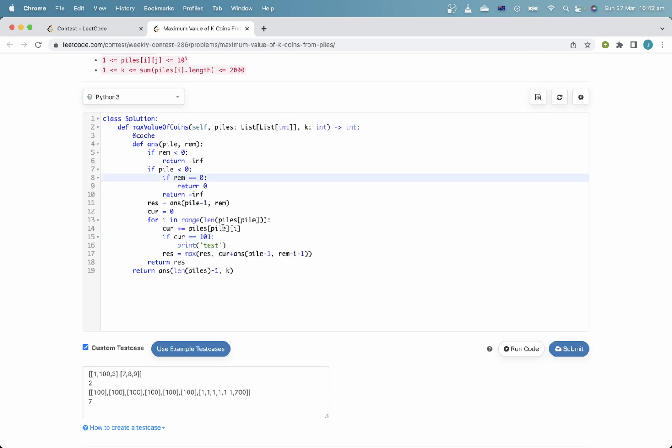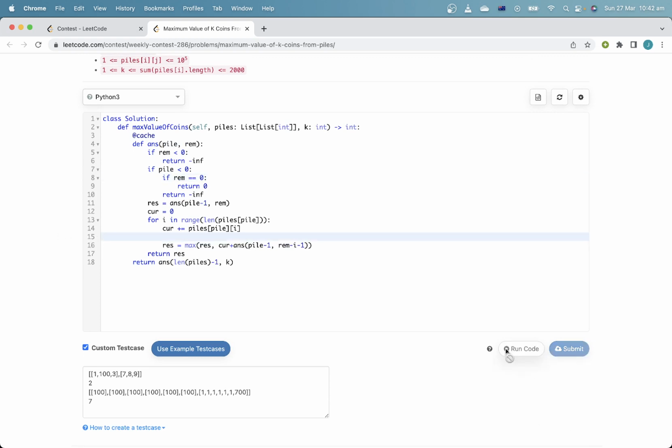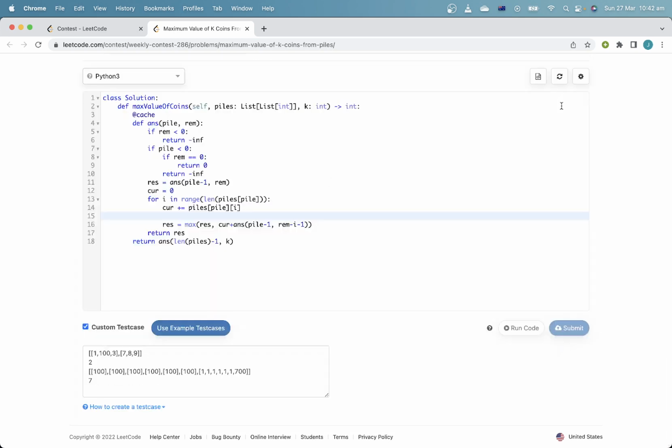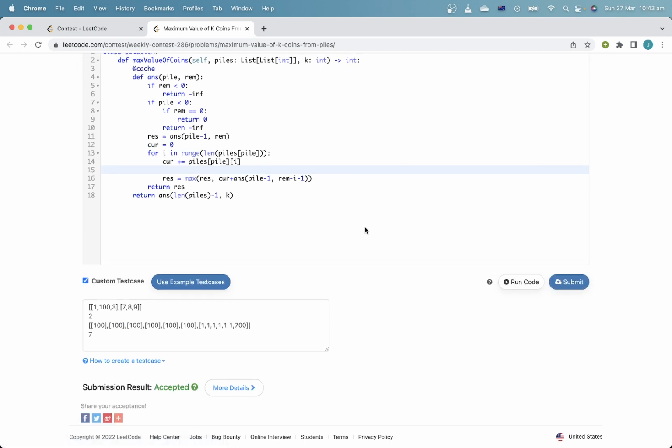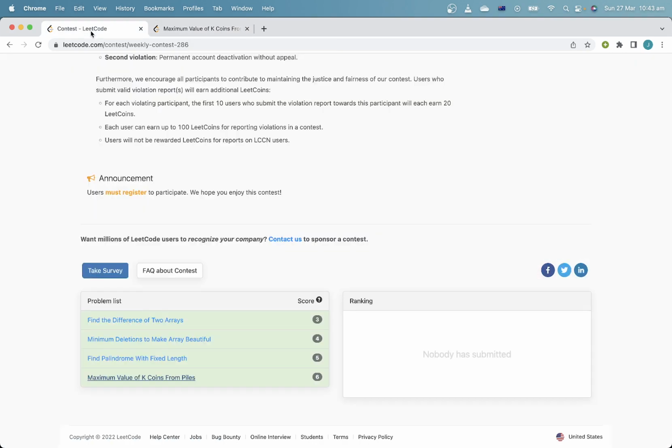Oh, that should be a remainder. Okay. No, this is a very slow solve. Yeah, that was very slow.